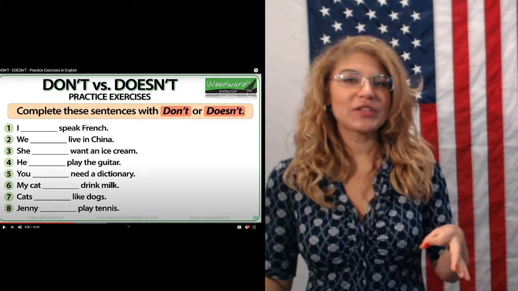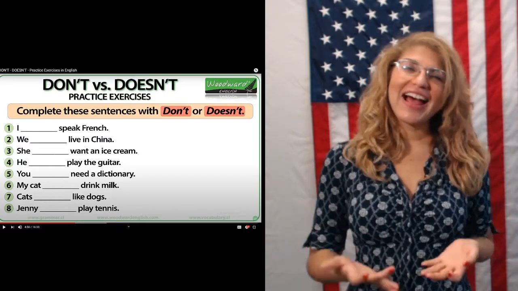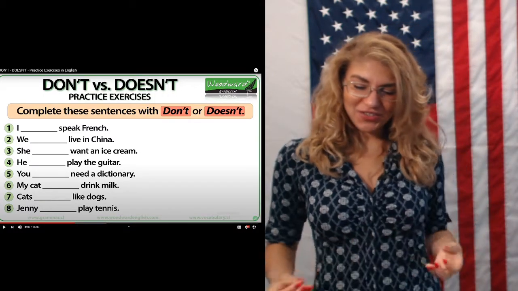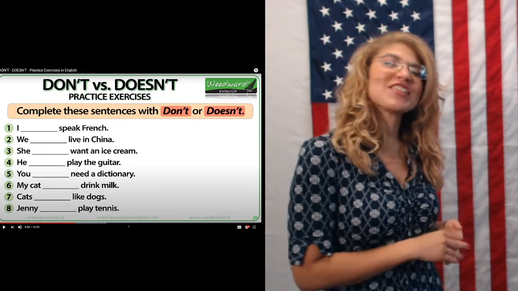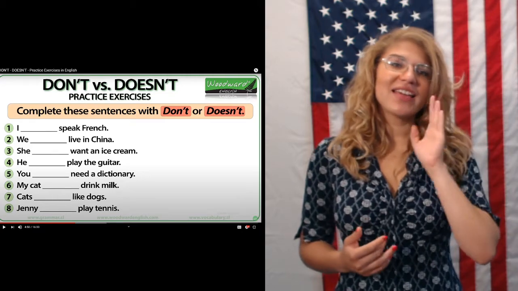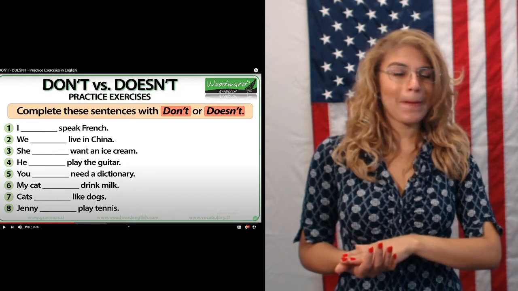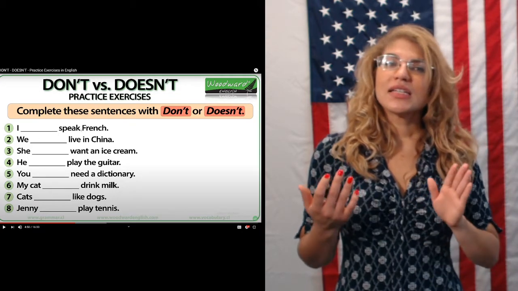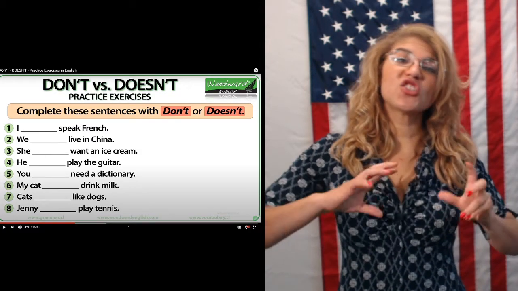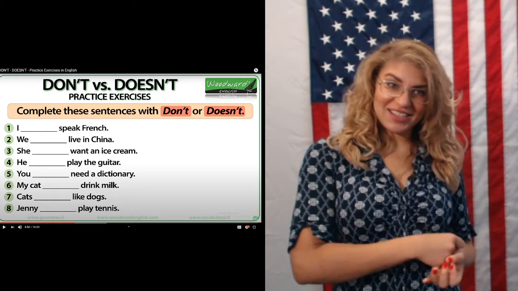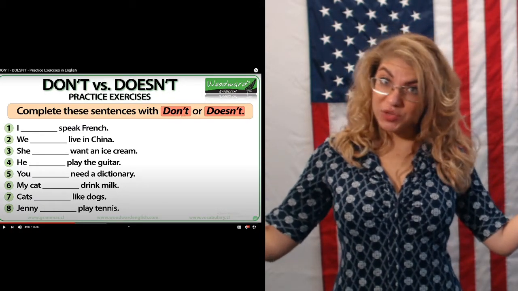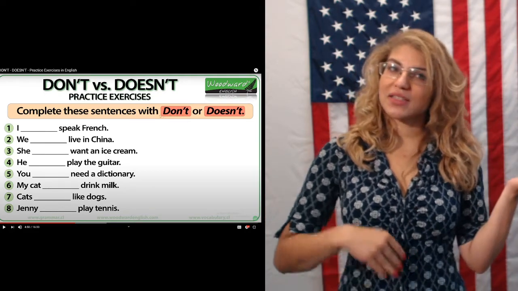Okay, so let's practice. We have one quiz that has do versus doesn't. And I want to practice first with what we have here. So first, number 1, I speak French. Each sentence is in the positive and we want to change it to negative. What negative auxiliary do we use to change it from positive to negative?